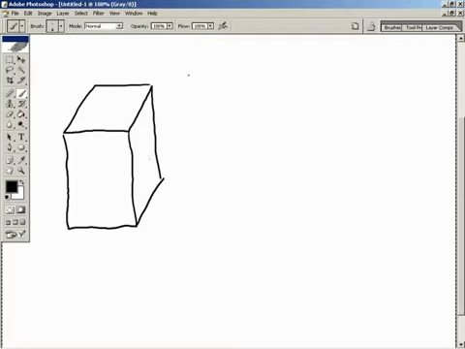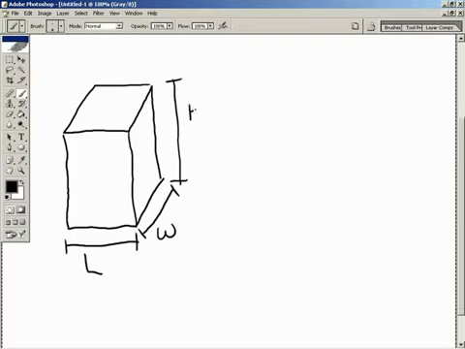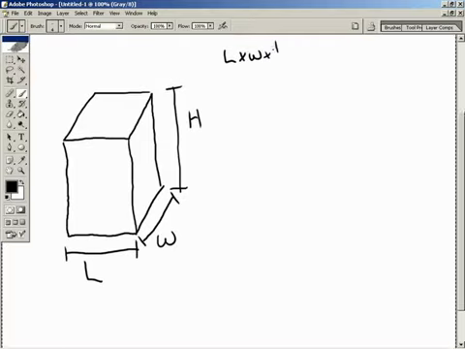We'll come back to the cube. So this box has a length called L, a width called W, and a height called H. Well, the volume is simply the length times the width times the height.